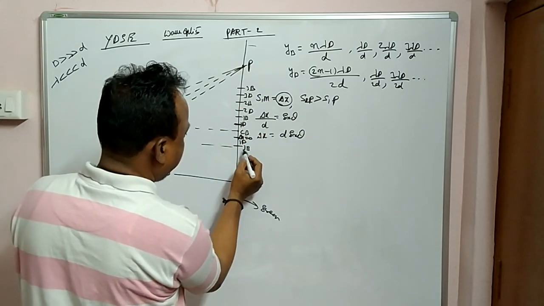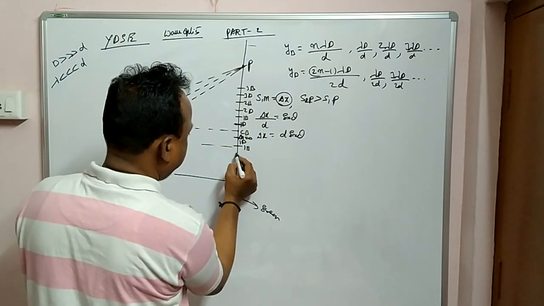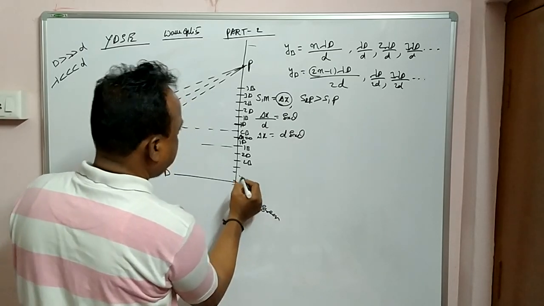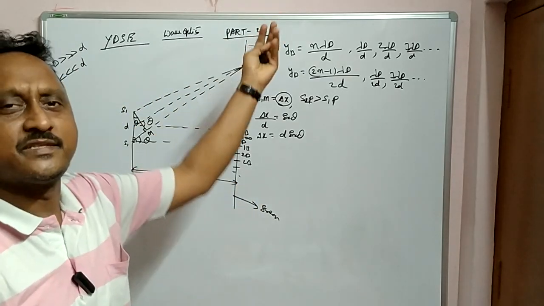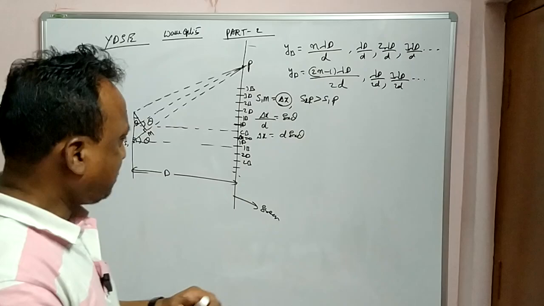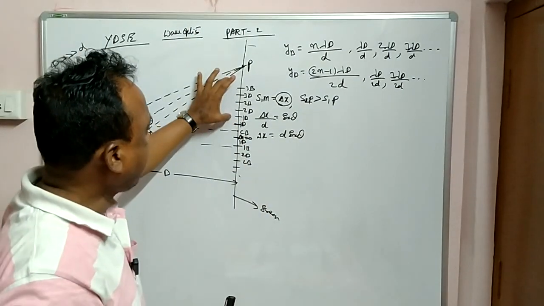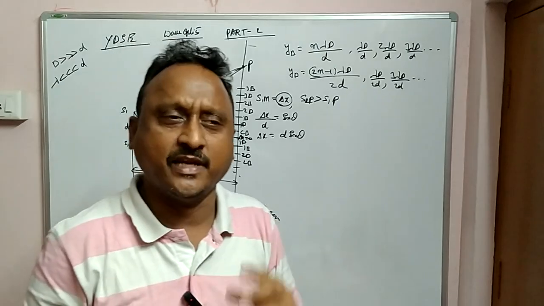In the same way on both sides of the central band, on this side and this side, we will be getting dark and bright bands successively.